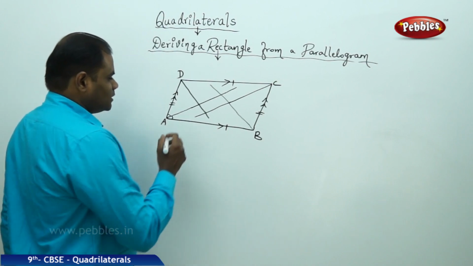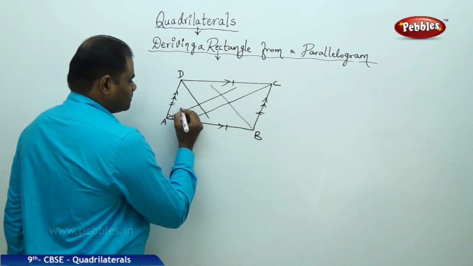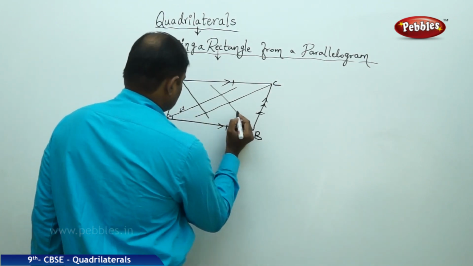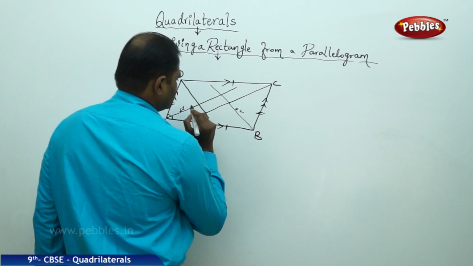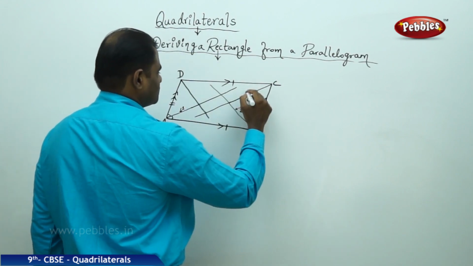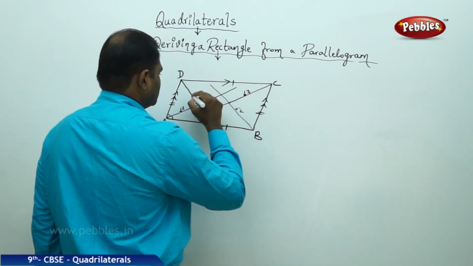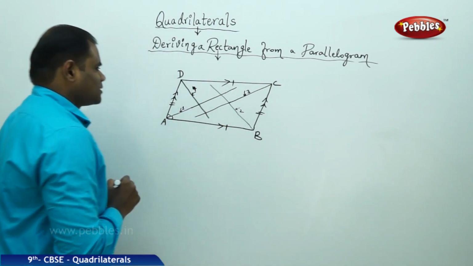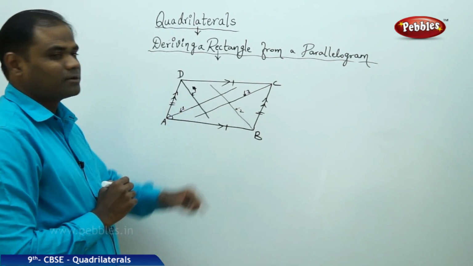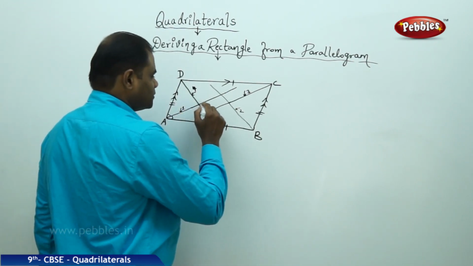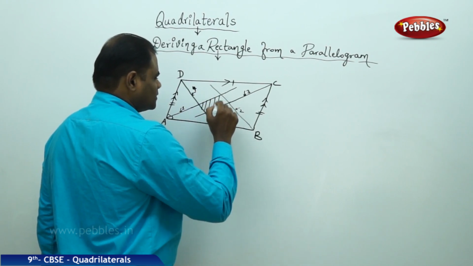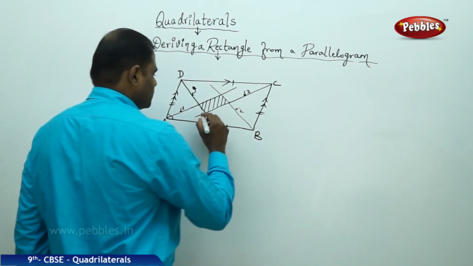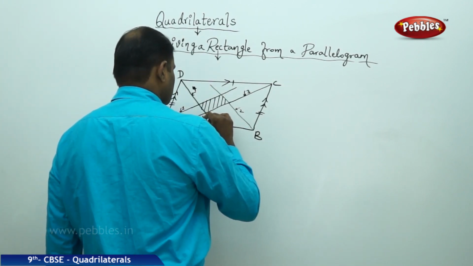Interestingly, I see that each of the lines, line 1, and here is line 2, and here is line 3, and here is line 4. So these four lines intersect at four different points and form a region, which let me denote by PQRS.